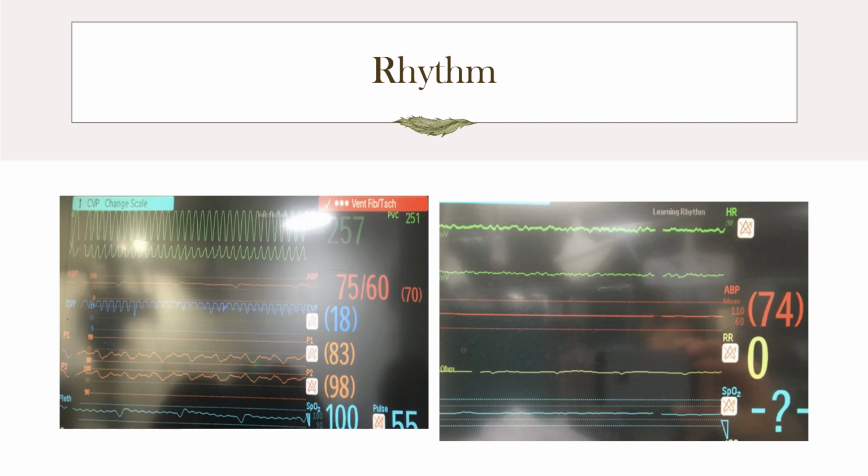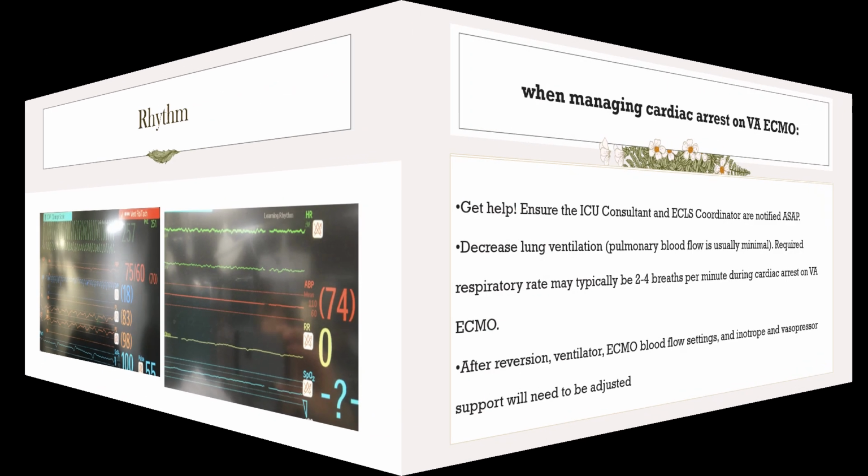While this would technically be difficult to fit the definition of PEA, sometimes echo may show some cardiac movement in this setting. Loss of pulse will reflect severe heart failure rather than arrest.